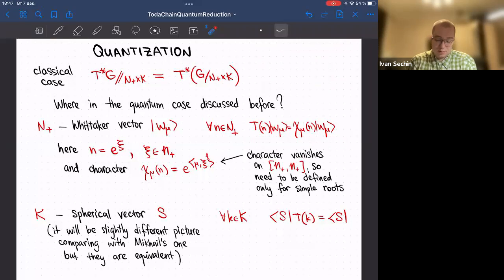Well, and how is it connected with the previous definition? Because any character is defined only by its values on simple roots, as Mikhail said the previous time, that for higher groups we define our Whittaker vectors by values mu1 up to mu rank.